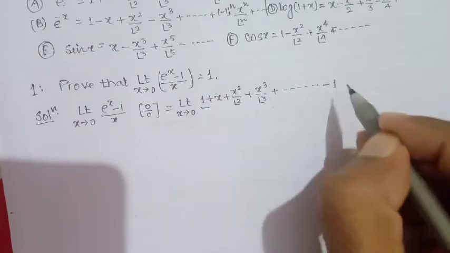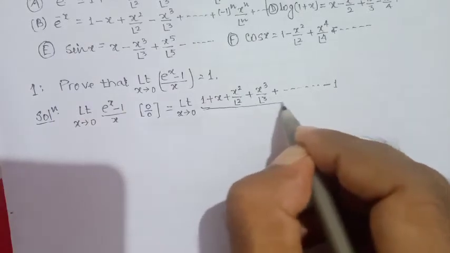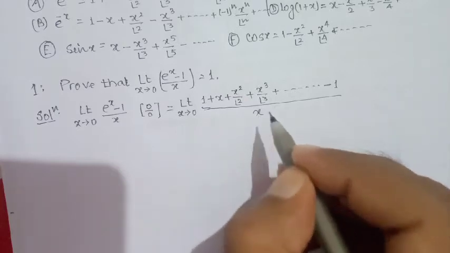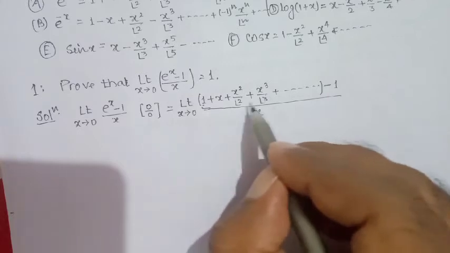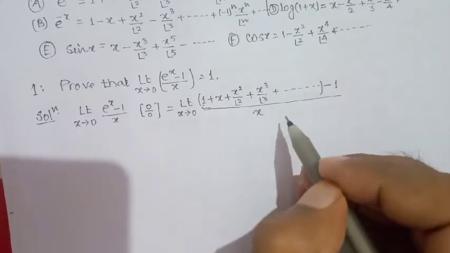So minus 1 divided by x. So this is the expansion of e to the power x minus 1 by x.